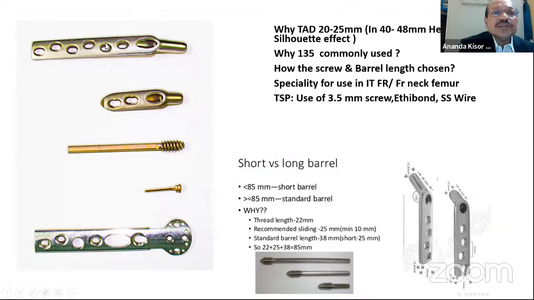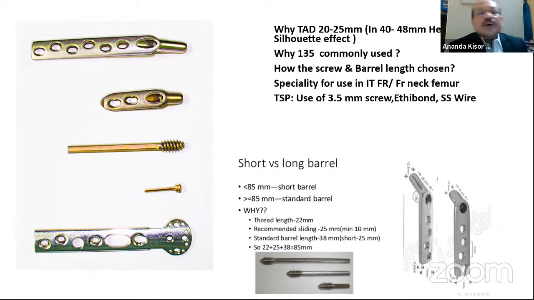Now this is the DHS. You can see this is the DHS. Now why is a TAD of 20 to 25 mm required? Because the common diameter of the head is 40 to 48 mm in our Indian subcontinent. Once we see the cutout of the head, we have to keep our implants within the inner 75%.